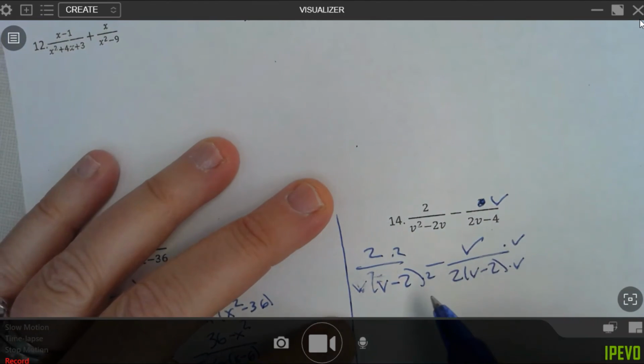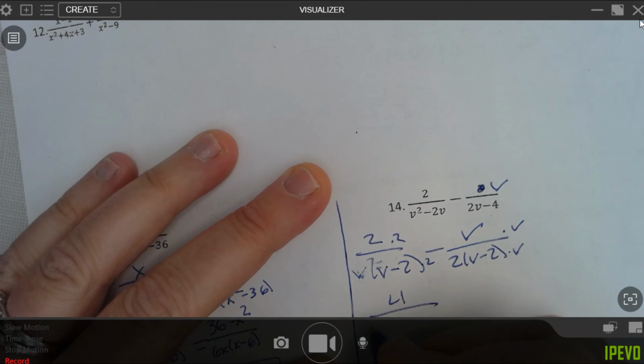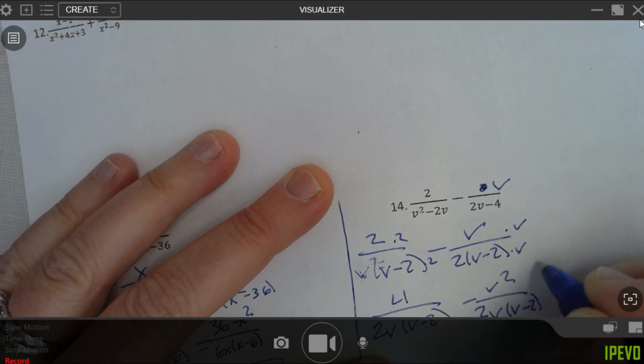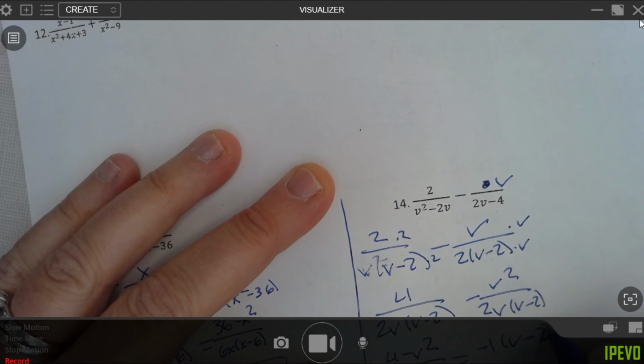I purposely picked problems where they're going to cancel out. They don't always cancel out like what we're doing right now. Again, this is 4 minus v squared. So if I pull out my negative 1, it factors into (2 minus v)(2 plus v).